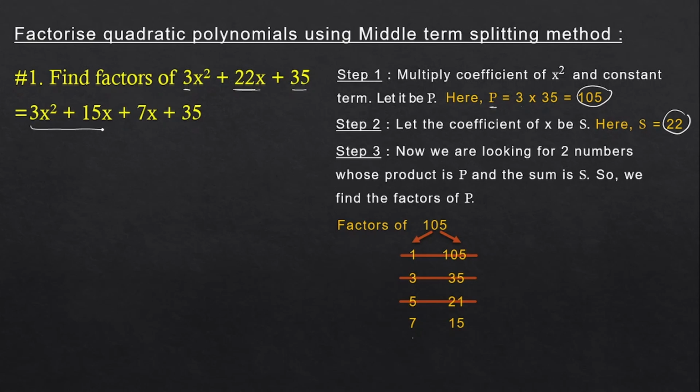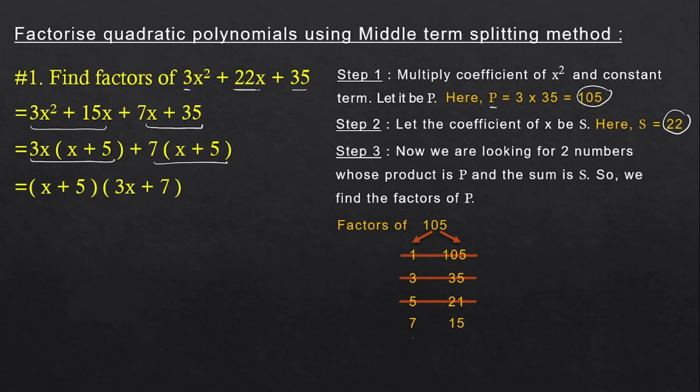We will factorize between the two pairs of terms. In the first pair, we see 3x is common; we'll be left with x plus 5. In the second pair of terms, we see 7 is common, again with x plus 5 in the bracket. Now in these two terms, x plus 5 is a common factor and the second factor is 3x plus 7. So the factors of 3x squared plus 22x plus 35 are x plus 5 times 3x plus 7.